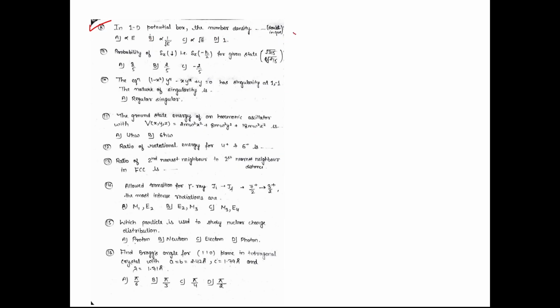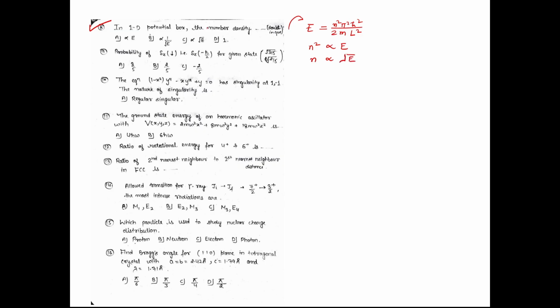For a 1D potential box, we know the energy E is basically n squared pi squared h cross squared divided by 2 m L squared, if we consider the length of the 1D box to be L. From here we can find that n squared is directly proportional to E, therefore n is proportional to root under E.